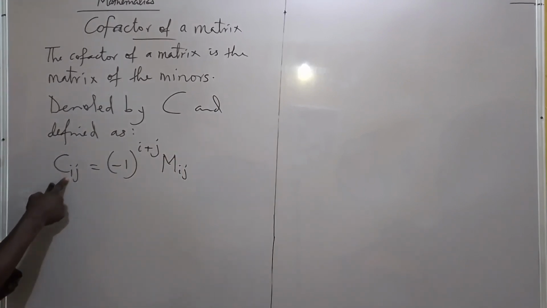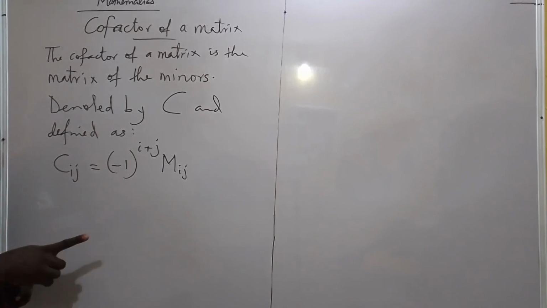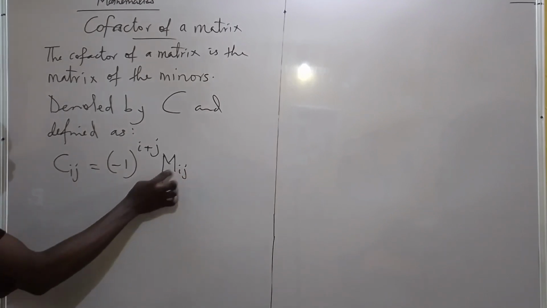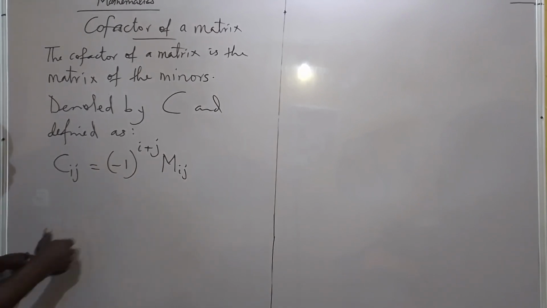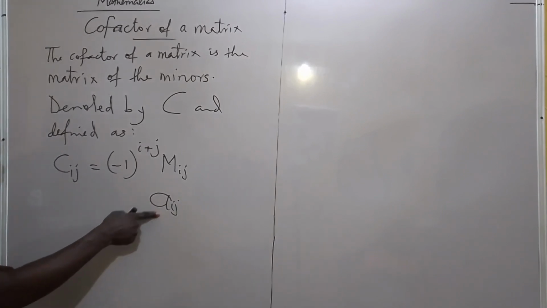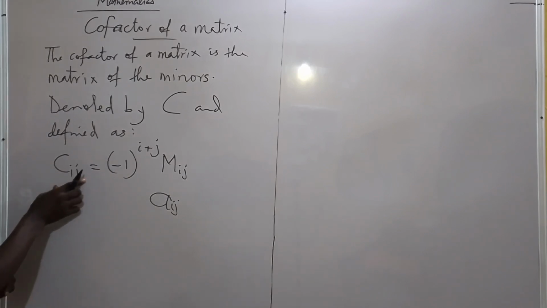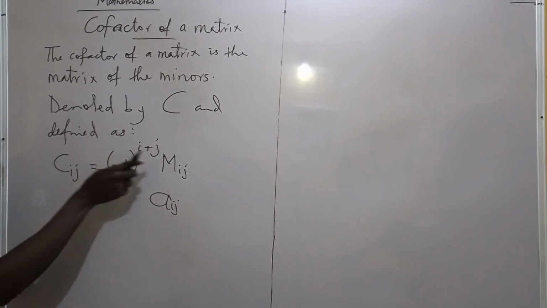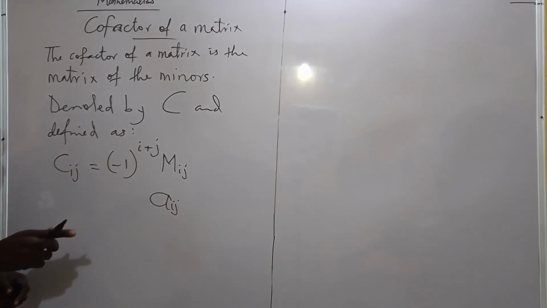So the Cij shows that the cofactor is calculated for each element of the matrix, where Mij represents the minor corresponding to the element Aij. This simply tells us that for the cofactor of any given matrix, we calculate the cofactor for each element, just the same way we calculate the minor for each element.